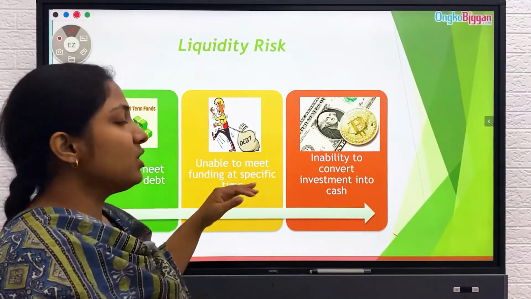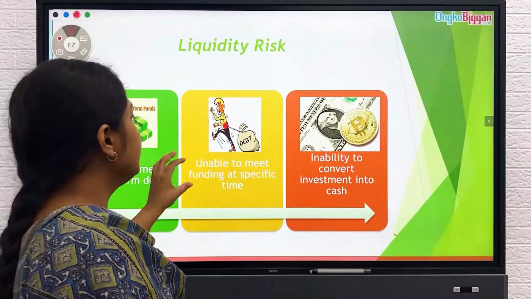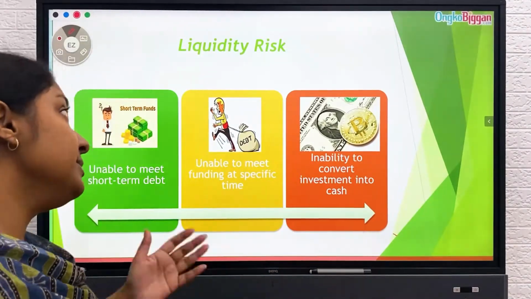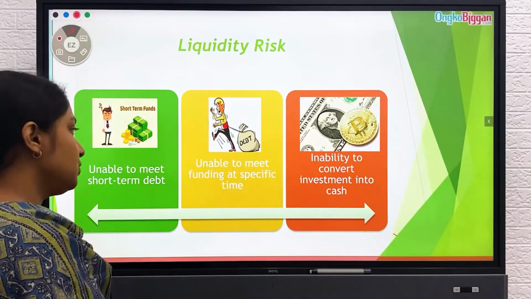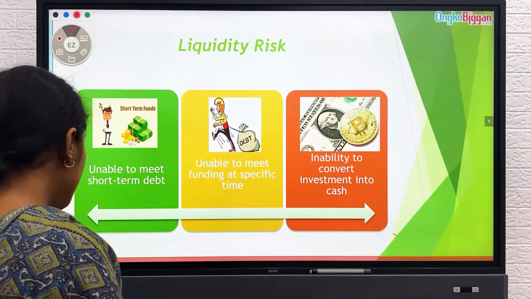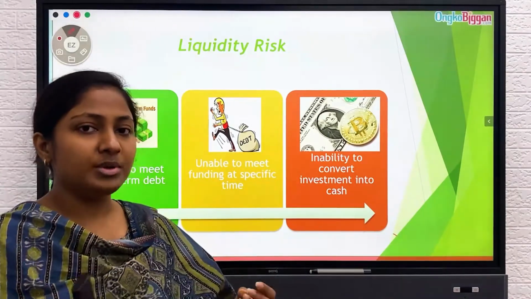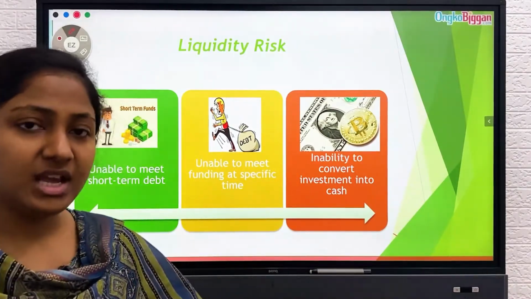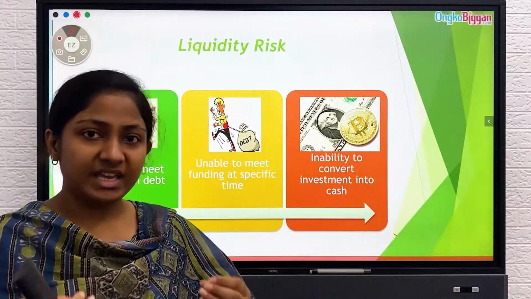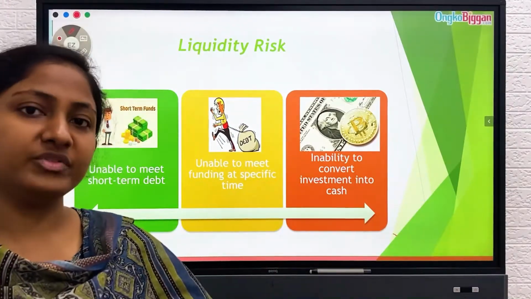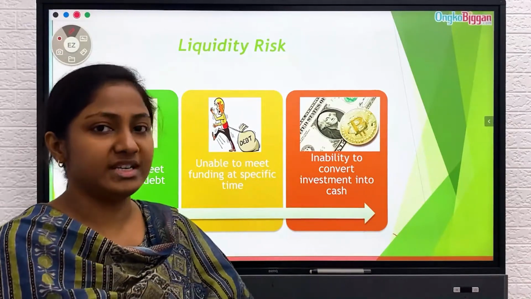If you are unable to meet this specific time, then maybe you will face the liquidity risk. So this liquidity risk basically involves when you fail to repay the cash instead of the value of the investment that you have already invested.